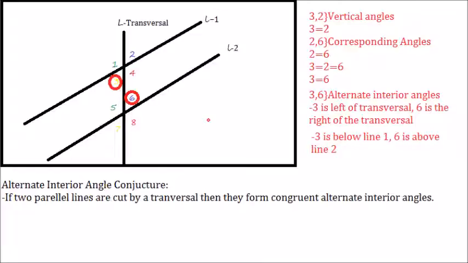In terms of position, 3 will be in the bottom left of the intersection at the transversal line, while 6 will be at the top right at line 2 in the intersection with the transversal line. The alternate interior angles conjecture states that if two parallel lines are cut by a transversal line, then they form congruent alternate interior angles. Have fun with that.